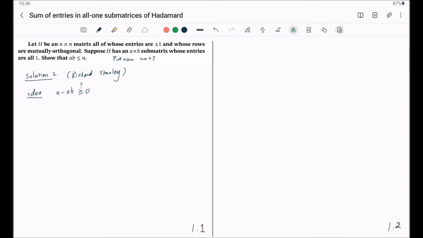Now recall in linear algebra, what kind of quantity, what kind of number is non-negative related to a matrix? In linear algebra, the eigenvalues of a positive semi-definite matrix are always non-negative.